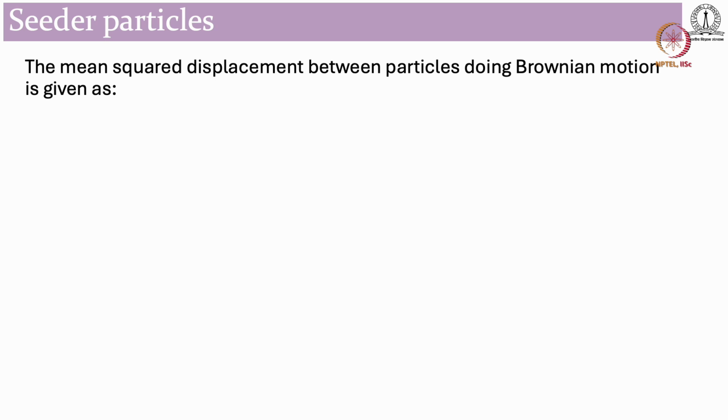So now let us see how we can find the mean square displacement of particles which perform Brownian motion.